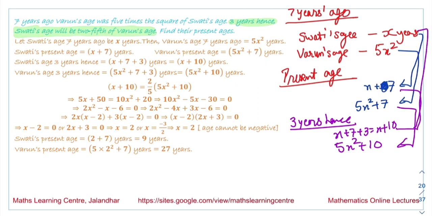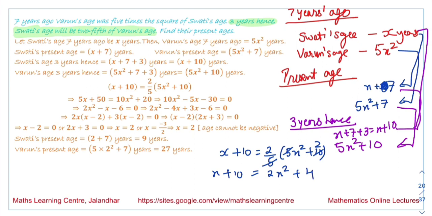So what we have is that Swati's age, x plus 10, is equal to 2 by 5 into (5x square plus 10). This 5 gets cancelled, and we get x plus 10 is equal to 2x square plus 4. So this gives us 2x square minus x minus 6 is equal to 0. So this is the quadratic equation that we have.